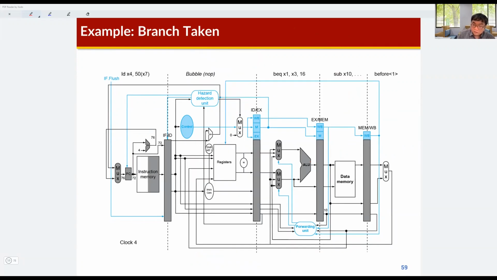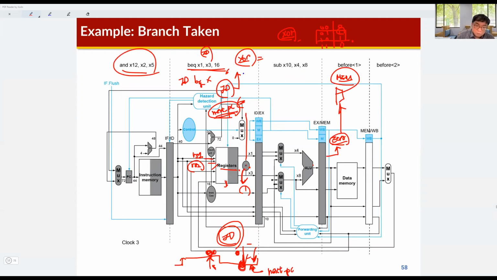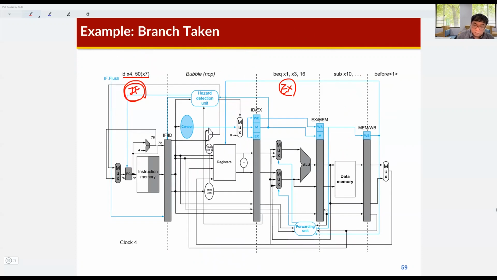Now after one clock, the branch is in the EX stage, and the target of the branch instruction is in the instruction fetch stage. The other instruction is the wrong one, so it becomes a nop, a bubble. The benefit of this hardware is that when the branch is taken, we waste just one clock, because the result of the branch instruction is resolved earlier.